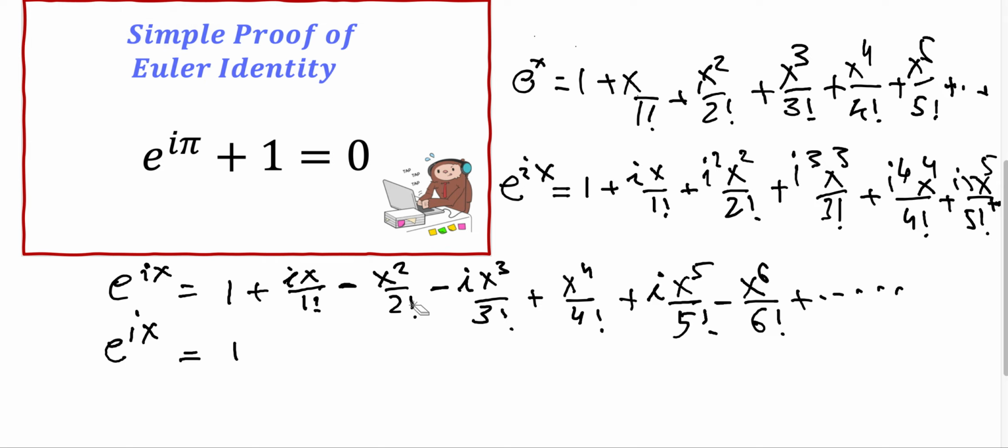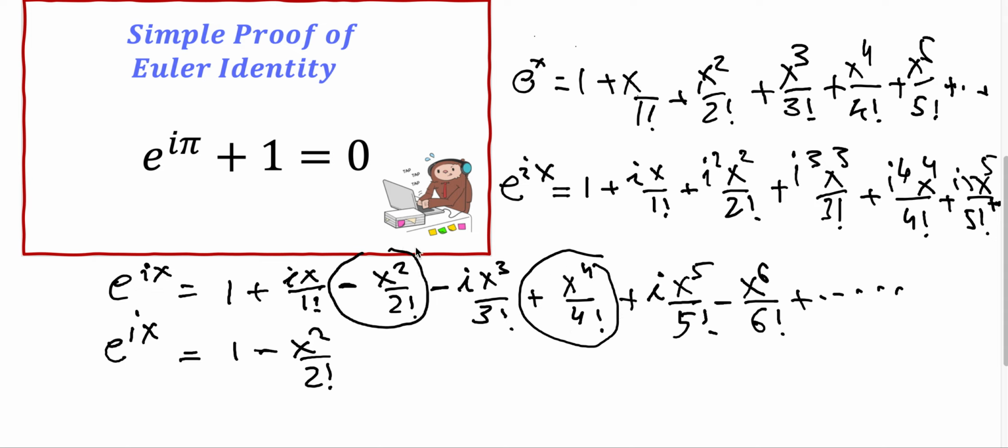The sign is minus because it's minus x squared over 2 factorial, and here is a plus. You see here this is plus x to the 4 over 4 factorial. And it's minus x to the 6 over 6 factorial.